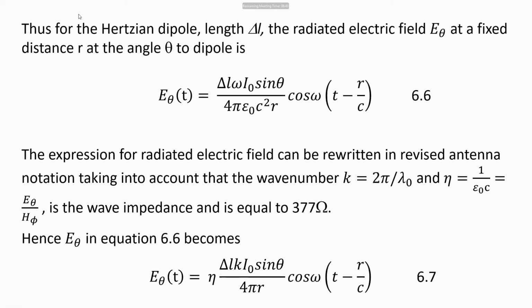Of course it can be rewritten if we use the notation of wave number, which we can extract from the omega, and use the ratio, the wave impedance, which is equal to 377 ohms for vacuum or for the air.